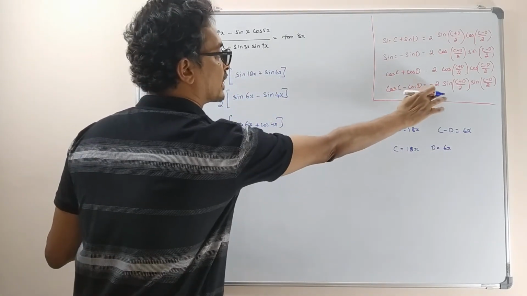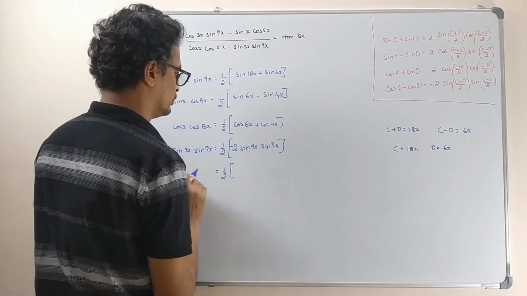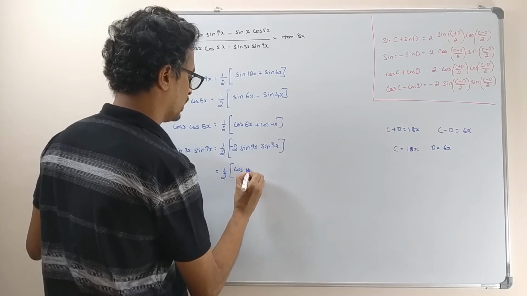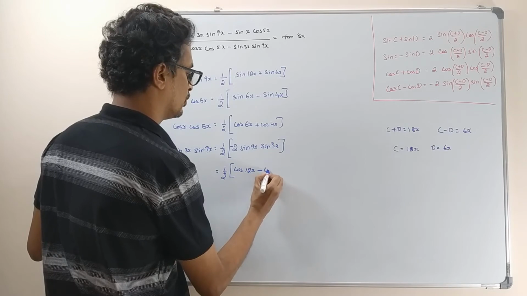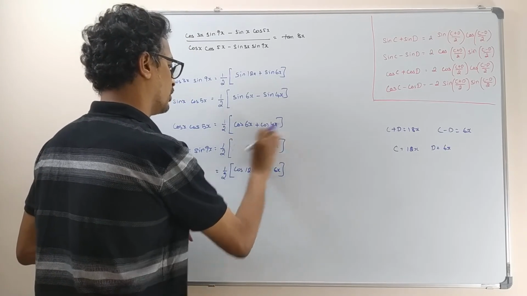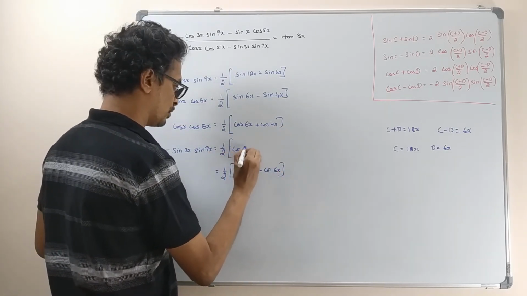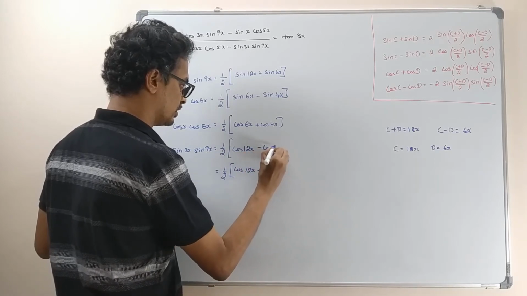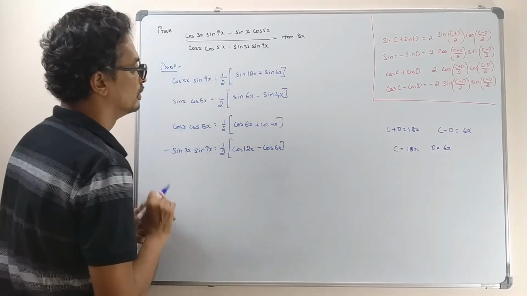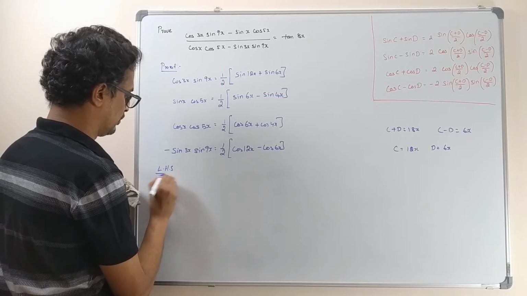So this will be exactly this formula. So half of, tell me, cos 12x minus cos 6x. So let us write it down here. Cos 12x minus cos 6x. So now let us express the LHS. LHS will be what?